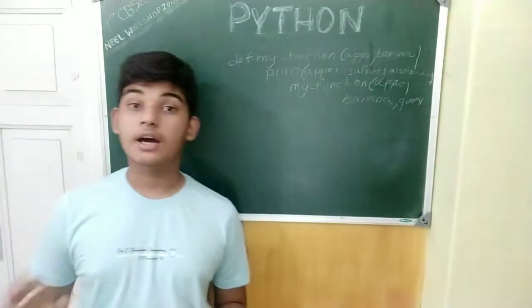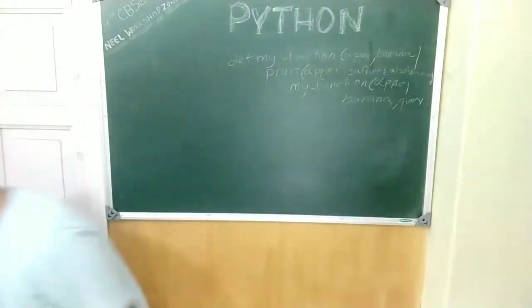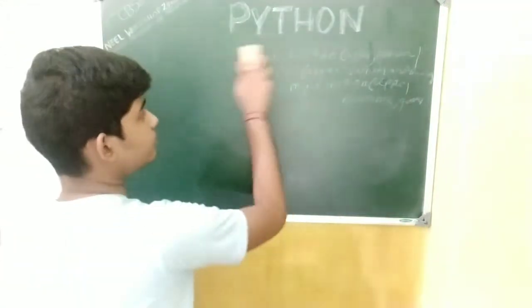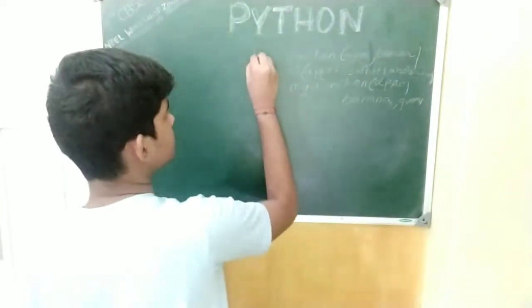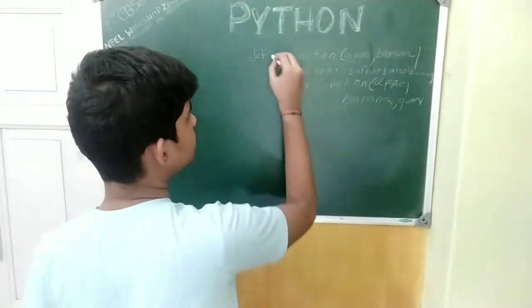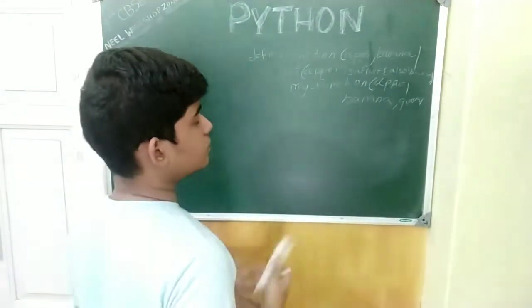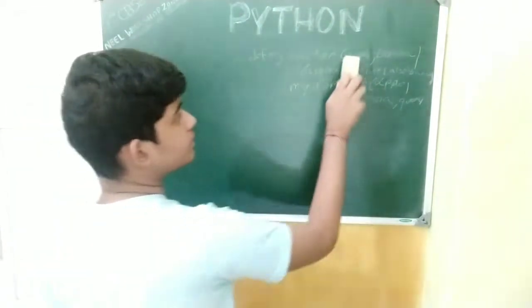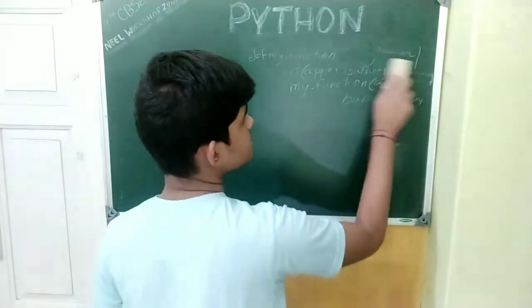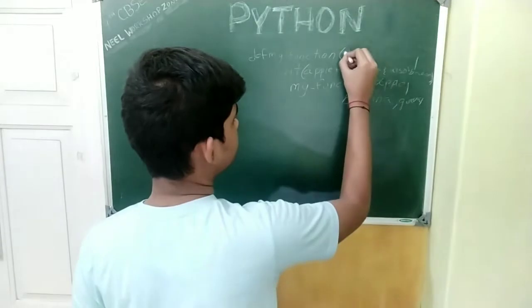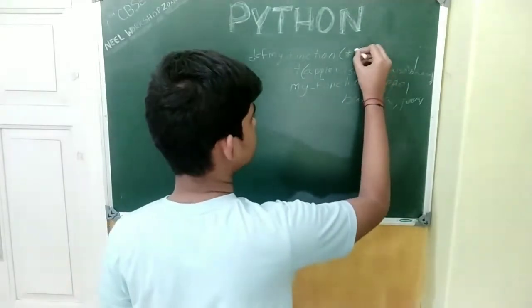So now let's talk about arbitrary arguments. When you write a function, sometimes you don't really know how many arguments you're going to need. So for example, imagine you wrote something like fruits.